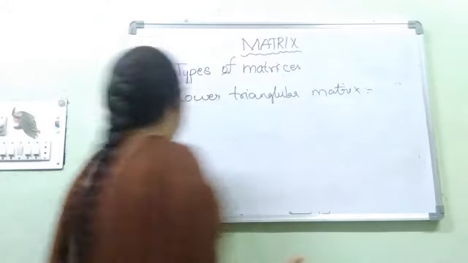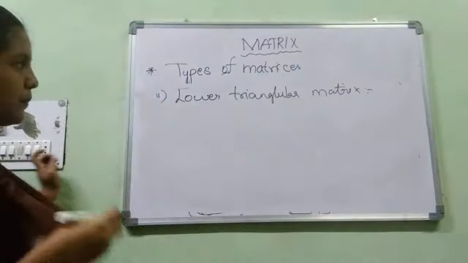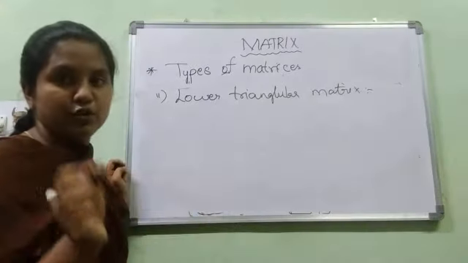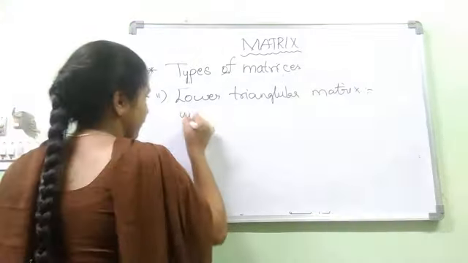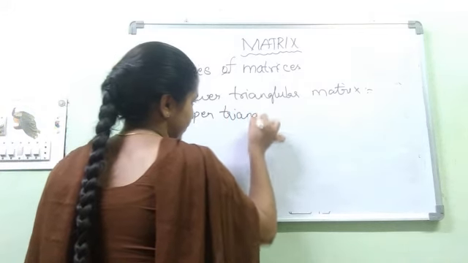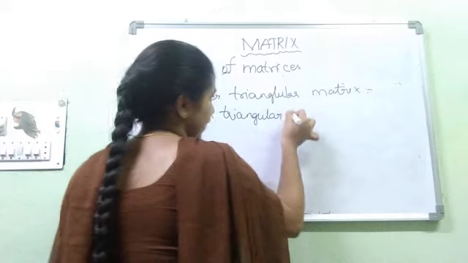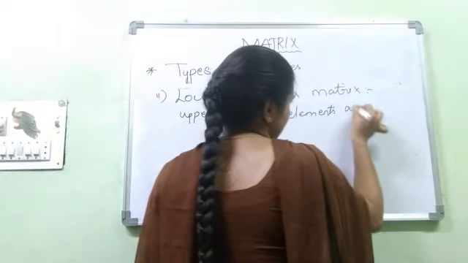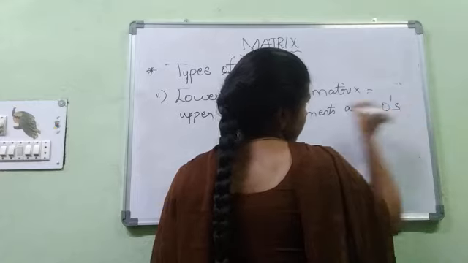A lower triangular matrix is one where the upper triangular elements should be zeros.